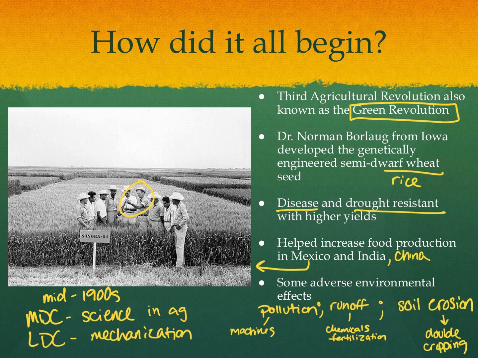You're not giving it time to rest in between and replenish itself. So that wears down the soil, and that can be bad for the soil. So that could be problematic too. Okay, so good things, but also bad things that can happen. And a lot of those bad things were environmental problems coming from all of that. Okay. All that makes sense?